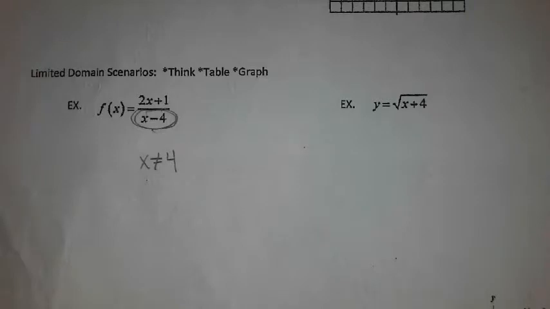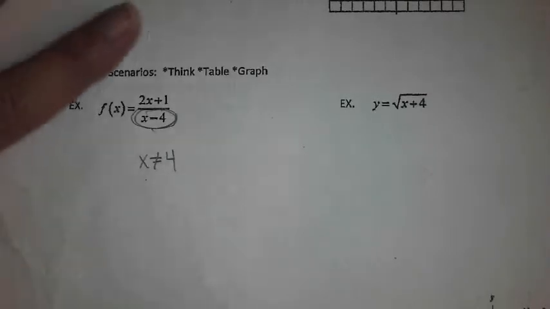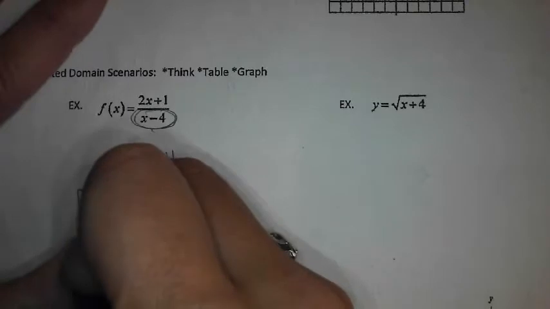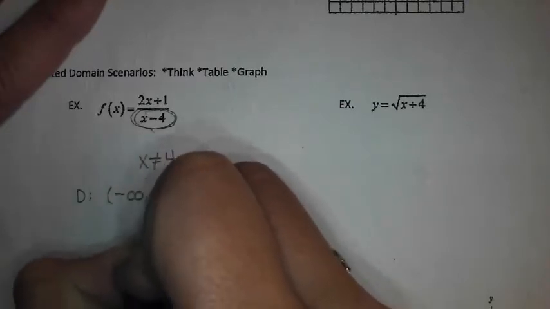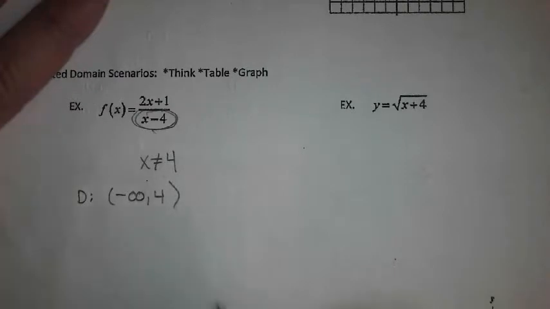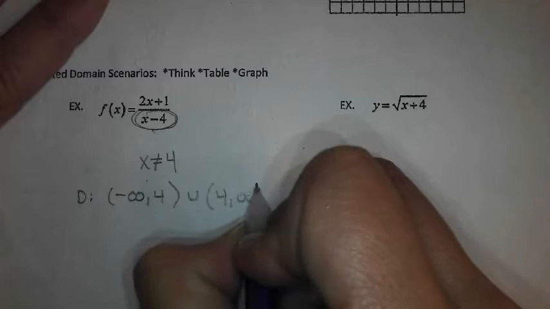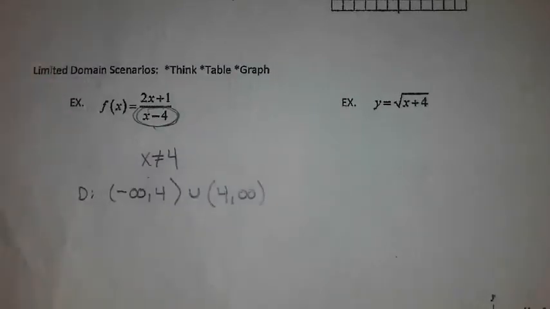So your domain would be all real numbers from -infinity to infinity, except for 4. Okay? How do you notate that in interval notation? The domain would be -infinity to 4, with a parenthesis around the 4, because we don't want to include it, union with 4 to infinity, with another parenthesis around the 4. That essentially includes everything except for 4, because you can't divide by 0.